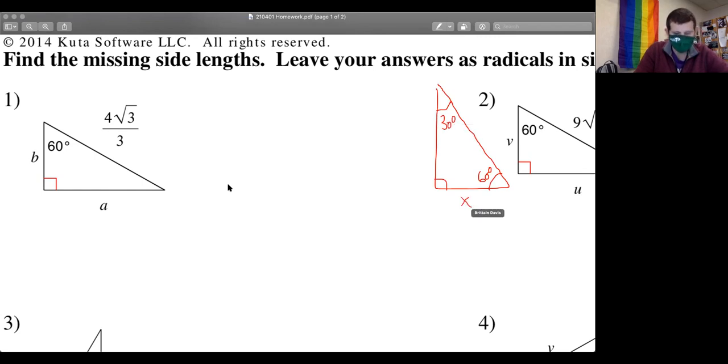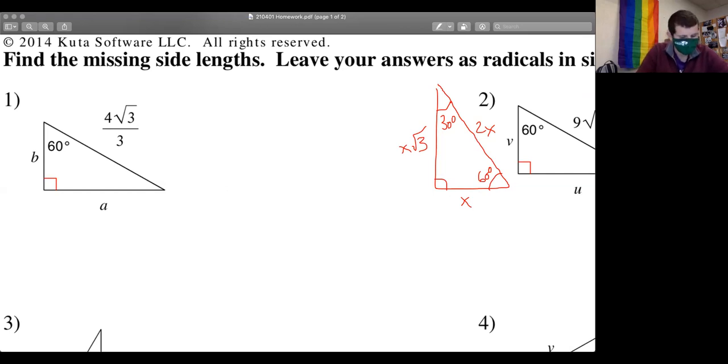And if the short leg is x, then 2x is the hypotenuse, just 2 times whatever length you have for the short leg. And x times the square root of 3 is the long leg. All right, but a lot of time today, I am going to refer back to the reference and point out which formula I'm using.